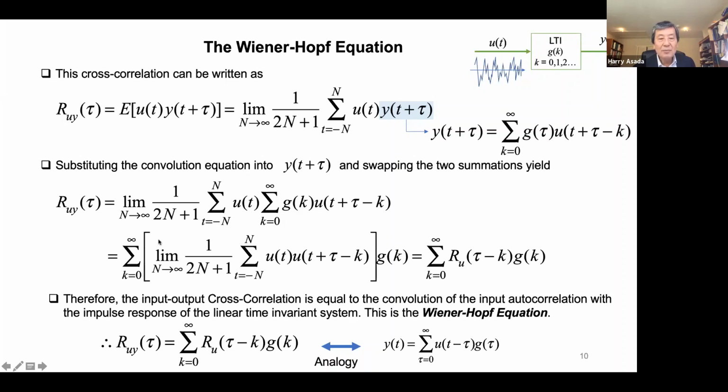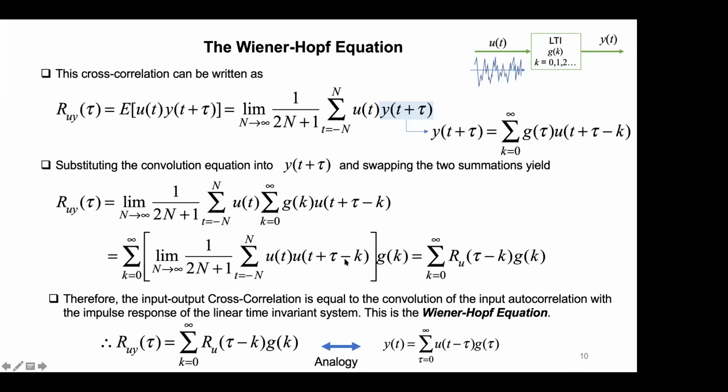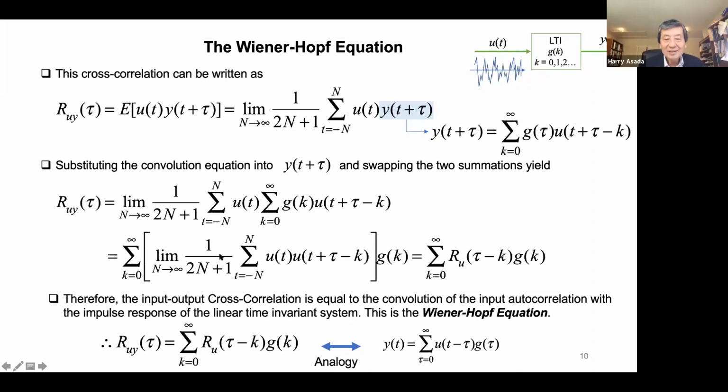The remaining part is the limit of 1 over 2n plus 1 times the summation of UT times UT plus tau minus k. Look at this. What is this? It is the same input, UT and UT plus tau minus k, so this is basically the autocorrelation of the input, RU.